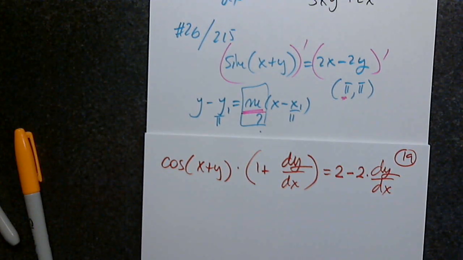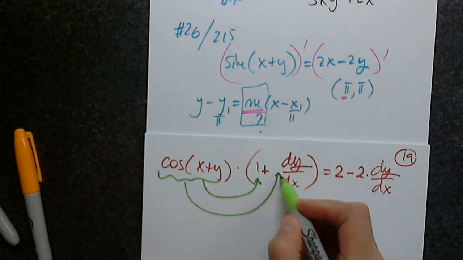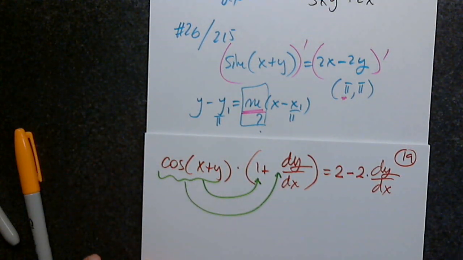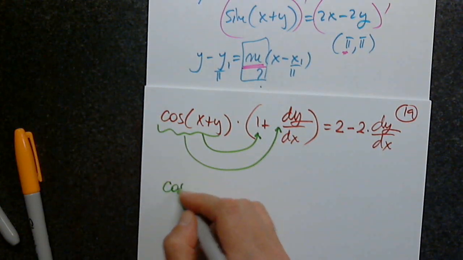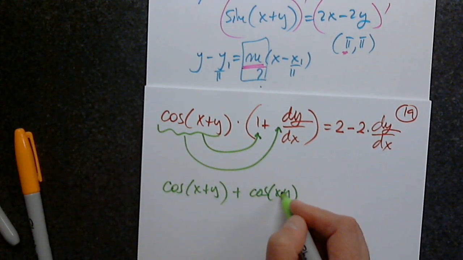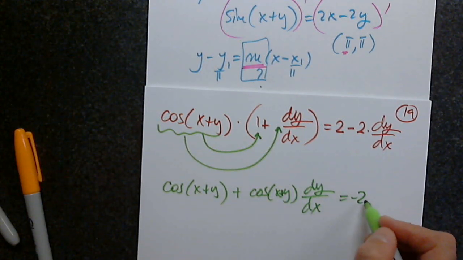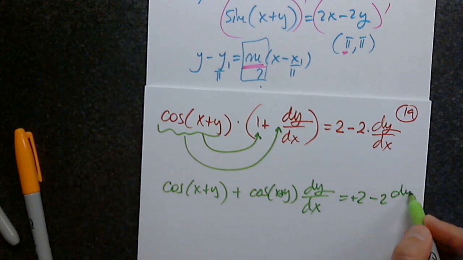Okay, I now have to separate the terms with dy over dx from the rest of the terms, which means I have to distribute cosine. So I distribute this quantity to 1 and the same quantity in front of dy over dx. So this is cosine of x plus y plus cosine of x plus y multiplied by dy over dx equals 2 minus 2 dy over dx.